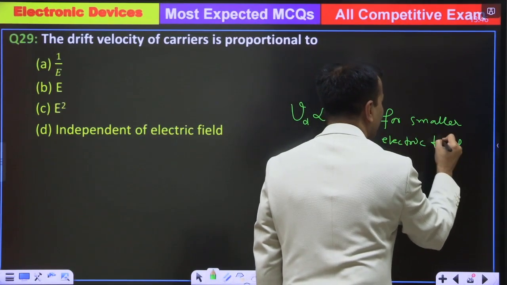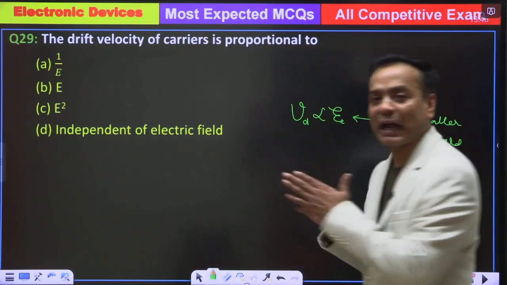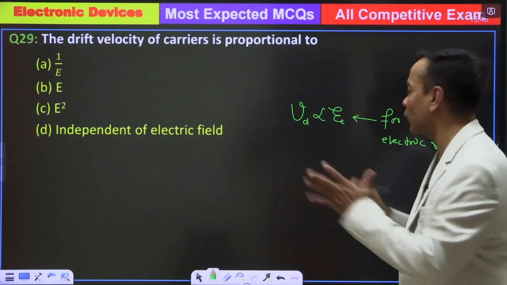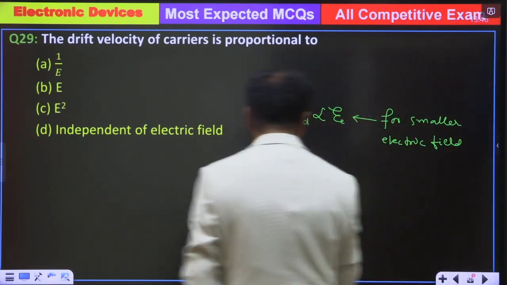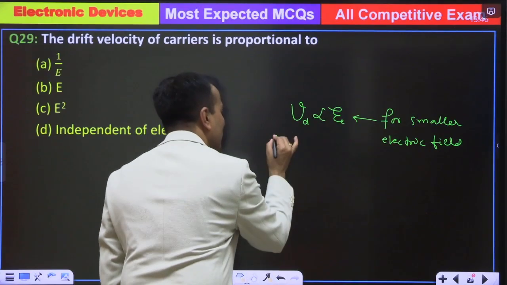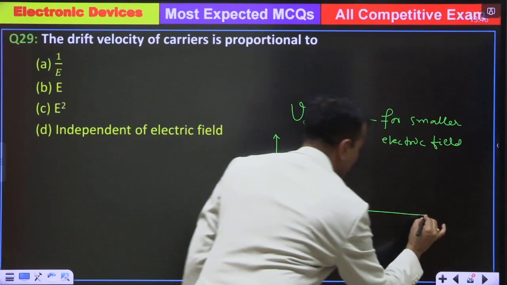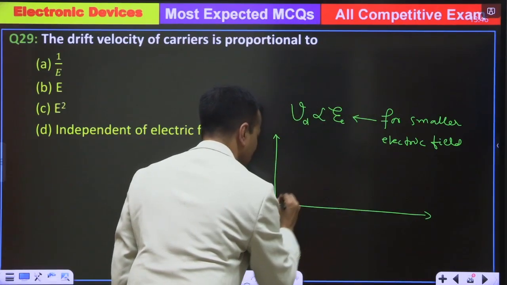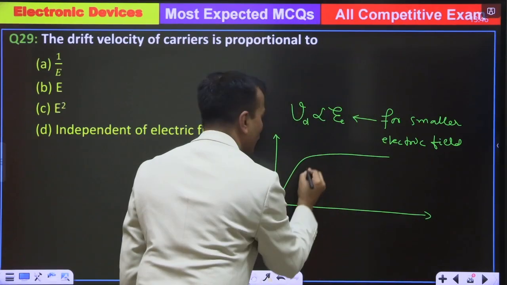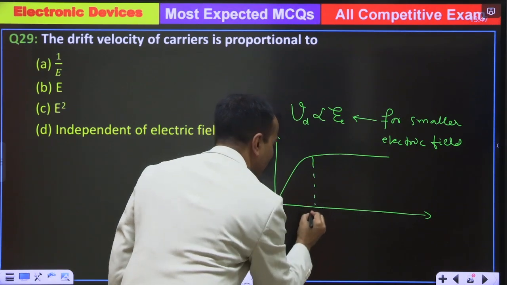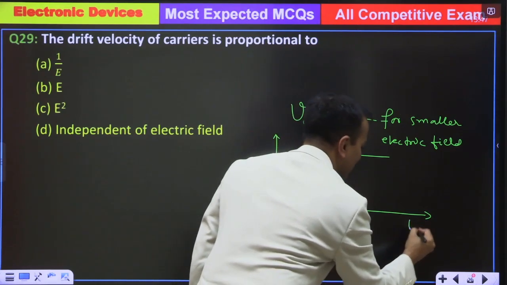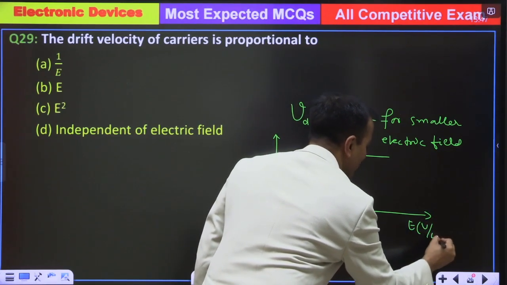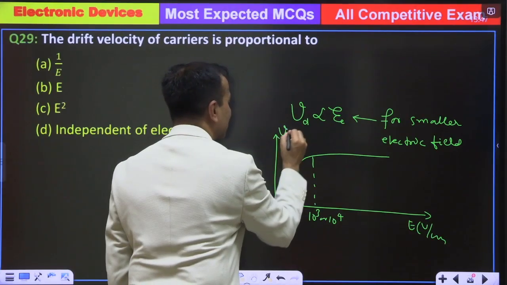This is not valid for the entire electric field range. It is valid only for a smaller electric field, and their graph will be somewhat like this. Let's say this is the point of 10 raised to 3 or 10 raised to 4. This is the electric field axis in volt per centimeter, and this is Vd.